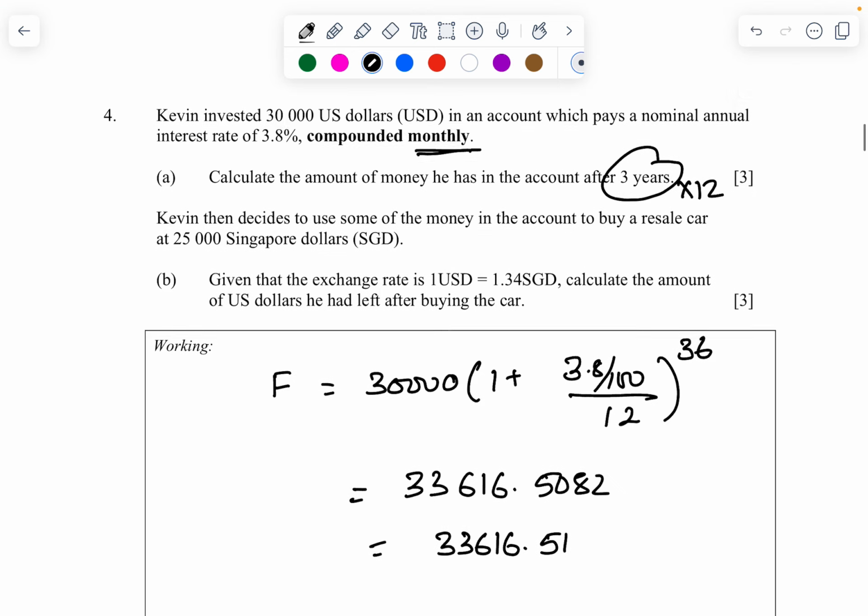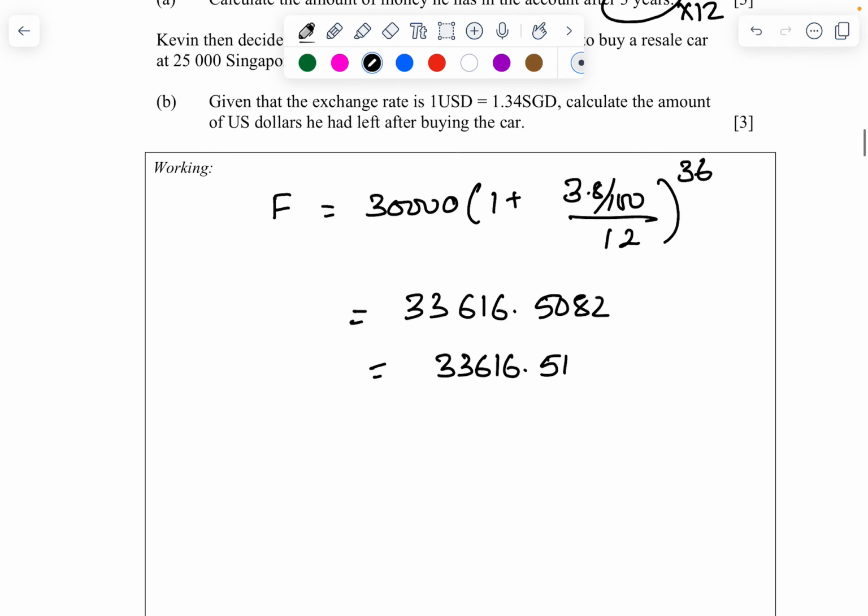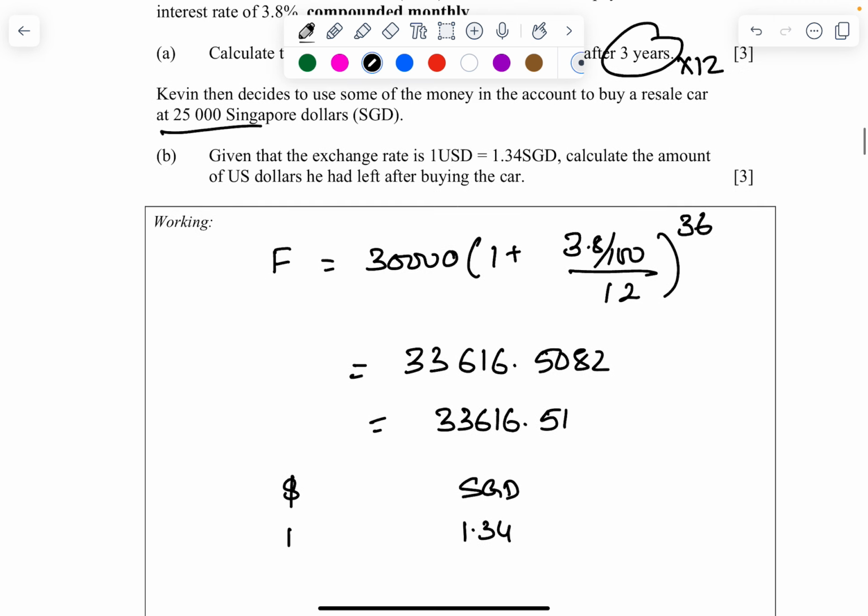Kevin then decides to use some of the money in his account to buy a resale car for 25,000 Singapore dollars. The exchange rate is given. Calculate the amount of US dollars he has left after buying the car. So US dollars and Singapore dollars, 1 US dollar is 1.34. Now he is buying for 25,000 Singapore dollars.